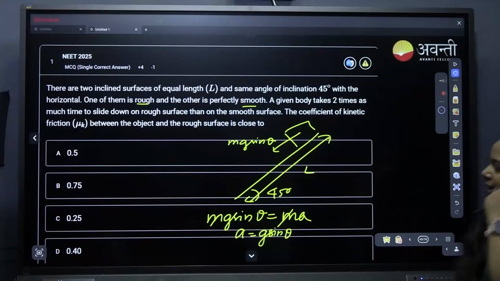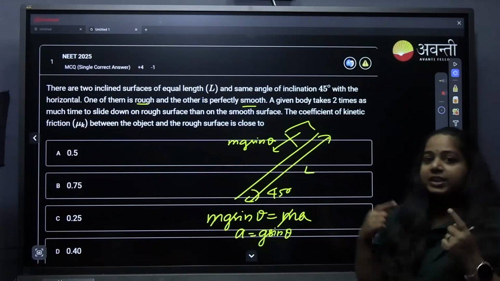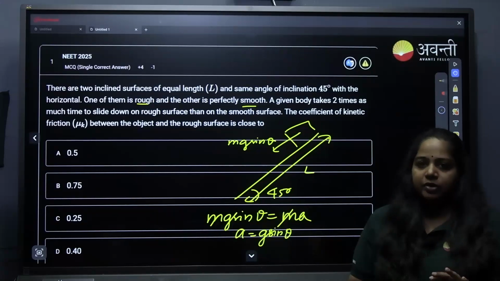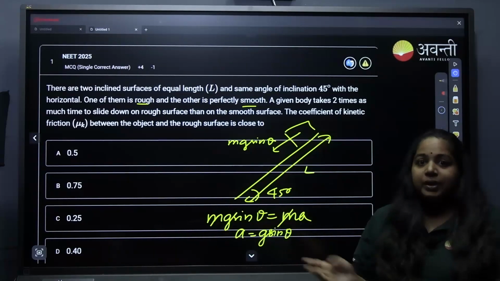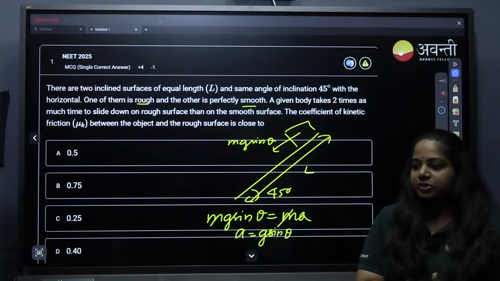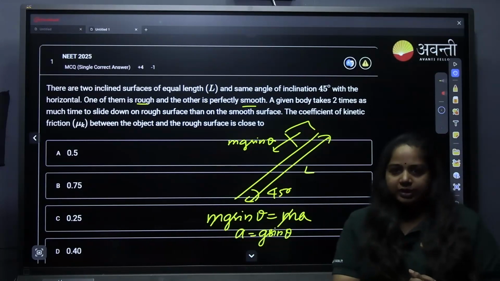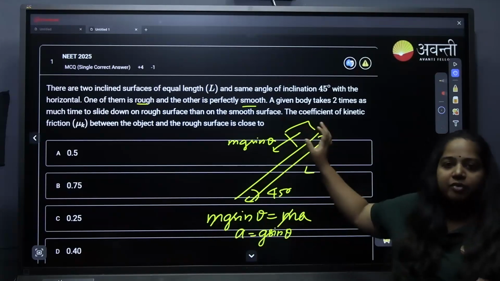Okay, and since distance and acceleration are there, which equation of motion can we use? Time they have given, but with the distance and acceleration, which formula is best to use? That we have to decide. Distance is there, acceleration is there, and it is starting from rest.